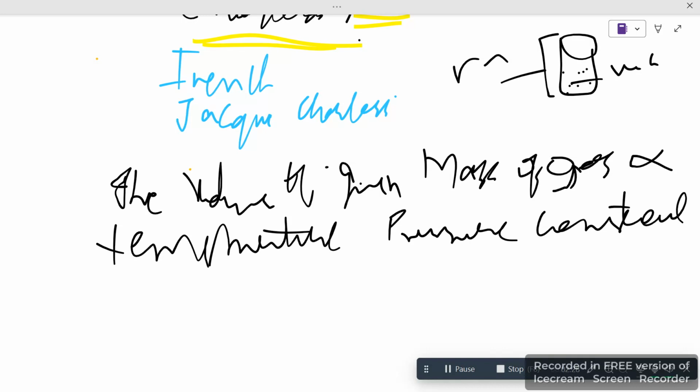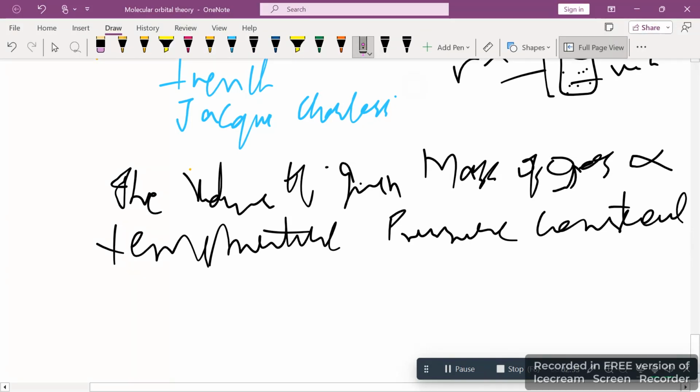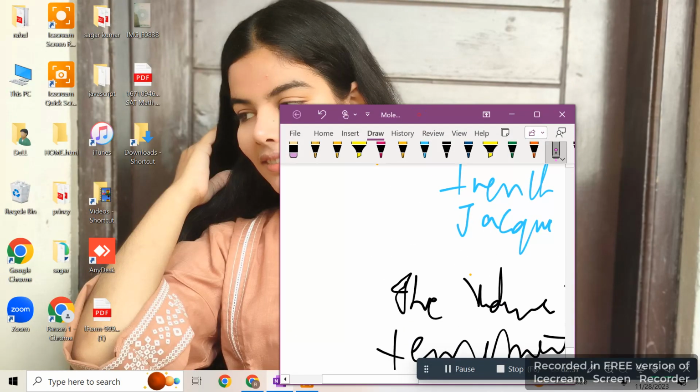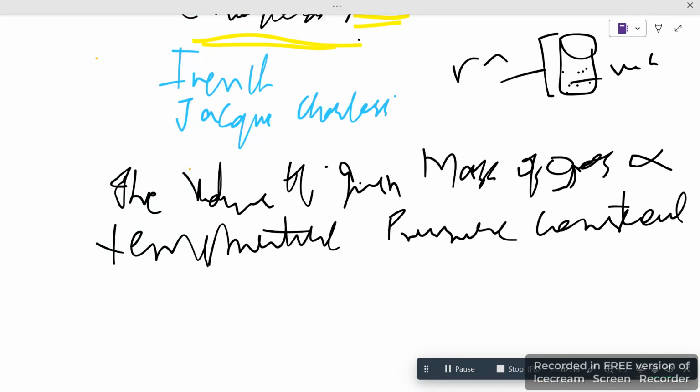Okay, I'm sure you've gotten this definition, but still if you don't, suppose this is a container just filled with the gas, and this must have volume and mass.